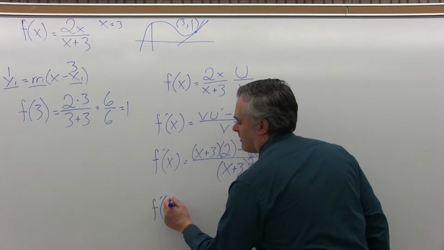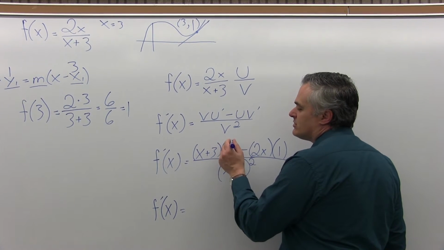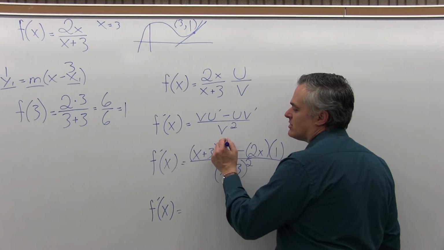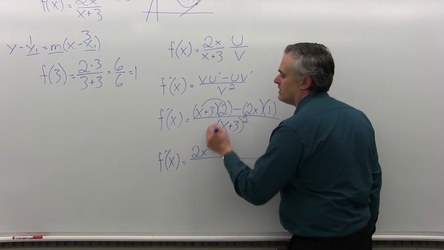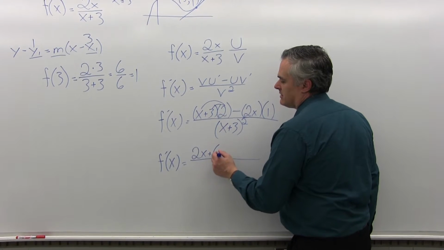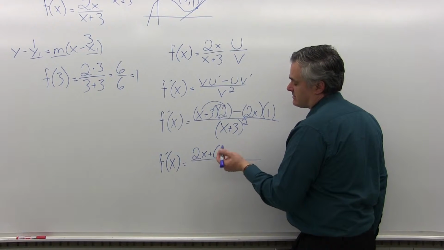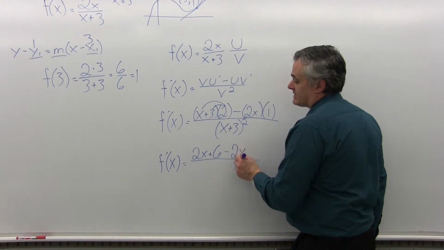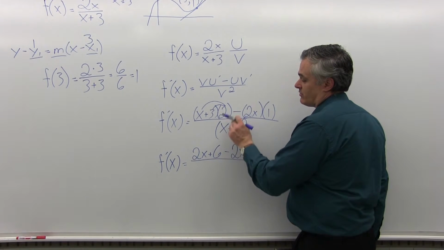So f prime of x is x plus 3 times 2. Let's do the 2 times both the x and times the 3. 2 times x is 2x. 2 times 3 is 6. Then minus 2x times 1. Well, 2x times 1 is 2x. And again, it's minus 2x because of the minus in my quotient rule.